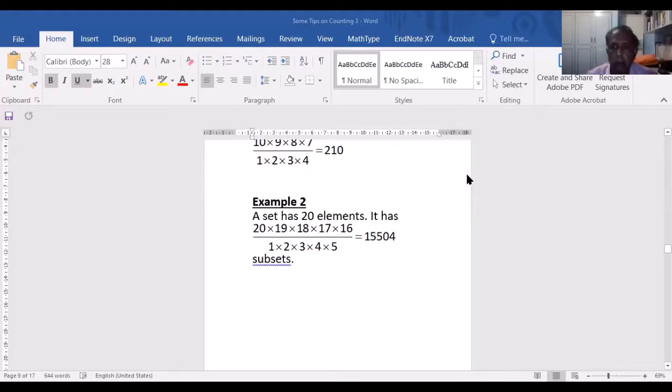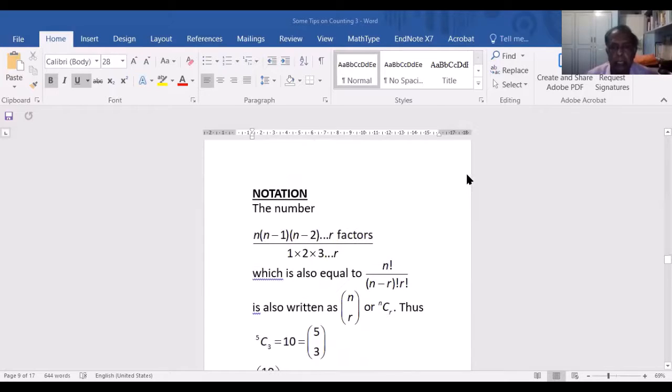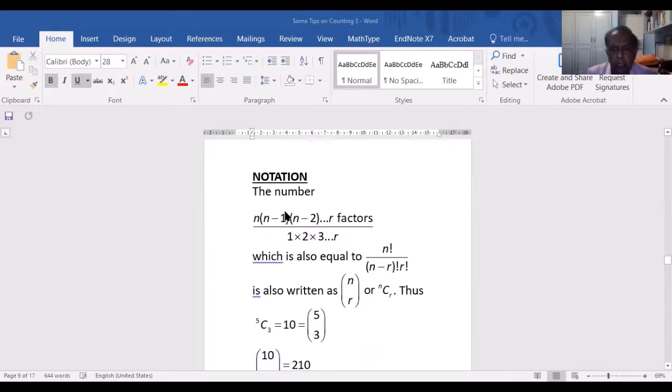Okay, at this stage, I just want to introduce a notation. This thing here, which we are calculating, which we saw is the same as n factorial over n minus r factorial times r factorial, is written in a simple way using this notation here.